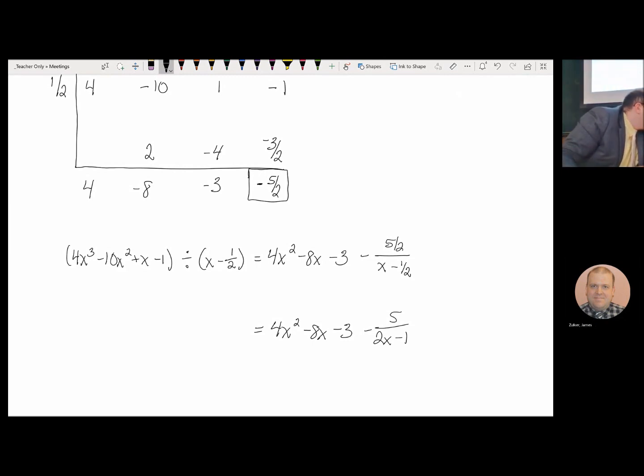You know what I mean? Like in number one, we took it from 2x minus 3, and then we multiplied it by half, and it converted to x minus 3 over 2. And then we were able to do synthetic division.